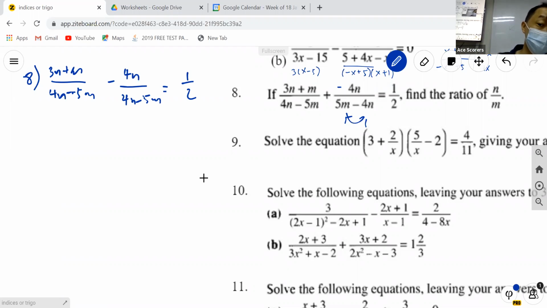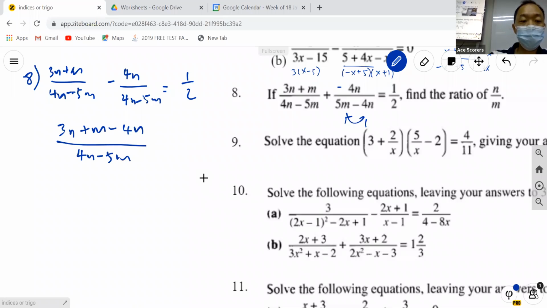So once the denominator is the same, I can combine the top, which will give me 3n plus m minus 4n. Evaluate. So 3n minus 4n is negative n plus m. Okay, right? Cross multiply. Minus 2n.